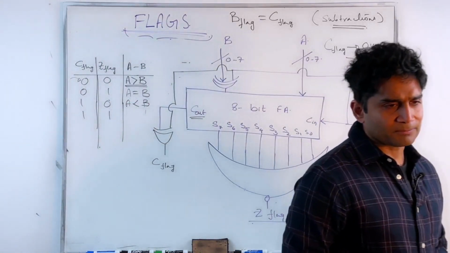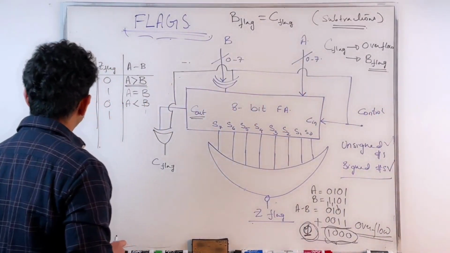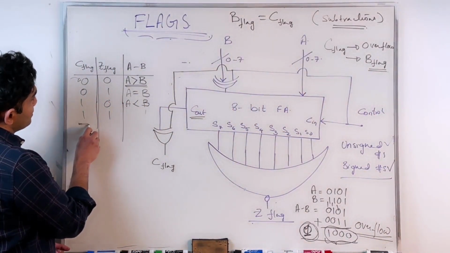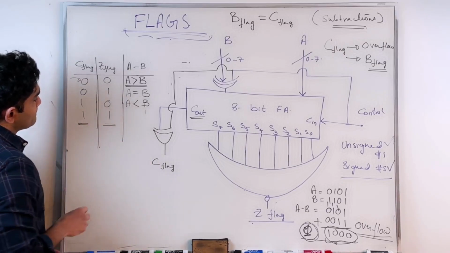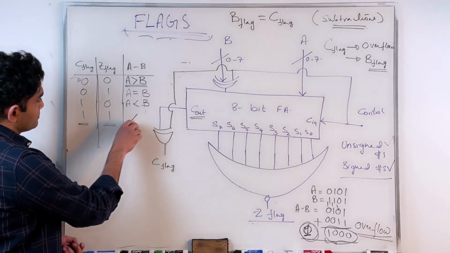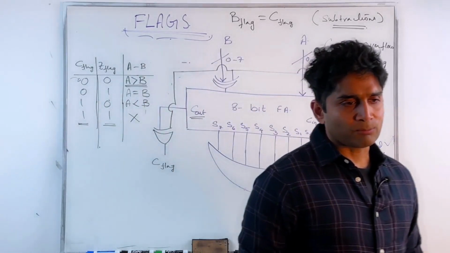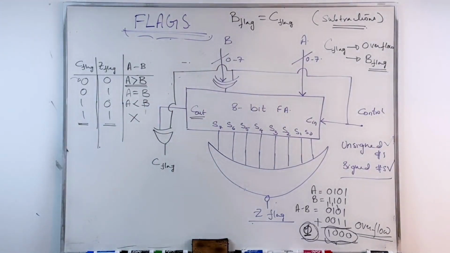So A is less than B. C flag is a 1, Z flag is also 1, and you will see that that does not happen. You cannot have both C flag and Z flag 1 at the same time.